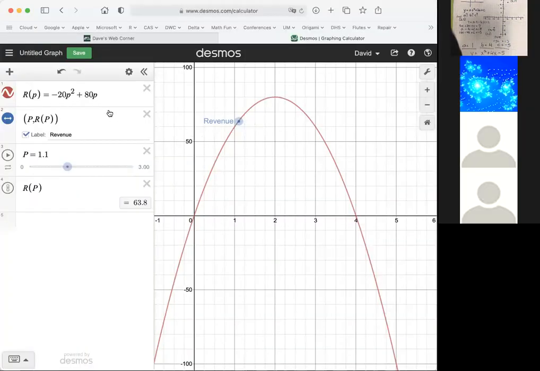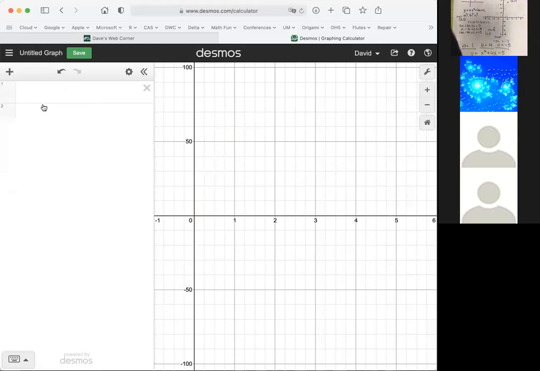So I like this little illustration here, but I'm going to dump it. And let's type in these 3 points I was given. Minus 4, minus 5. Minus 1, minus 8. 2, 7.